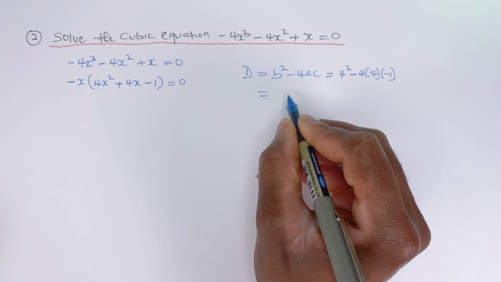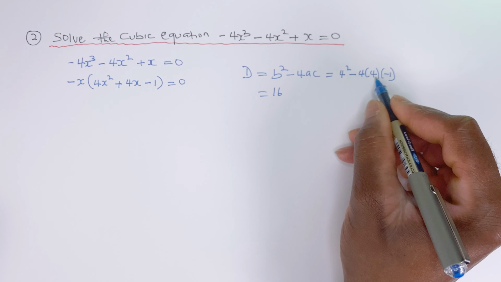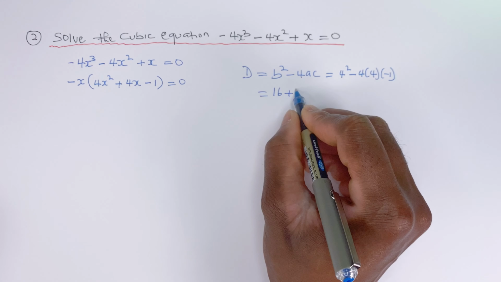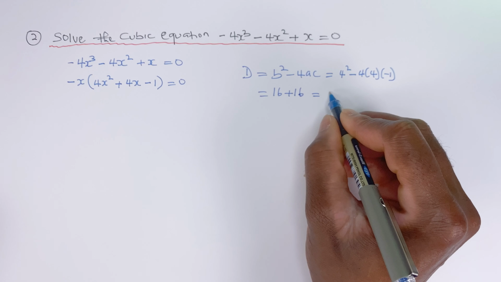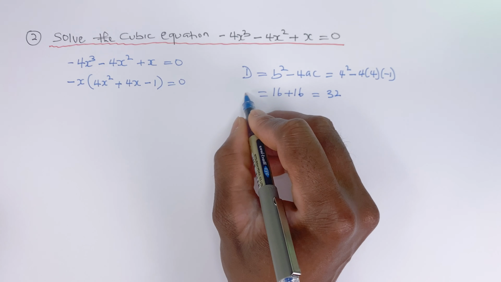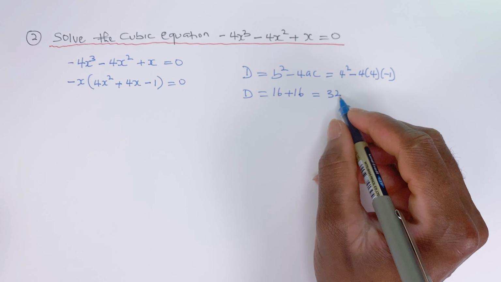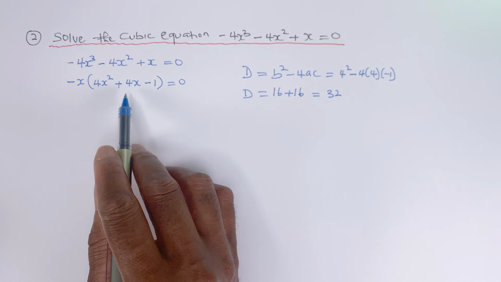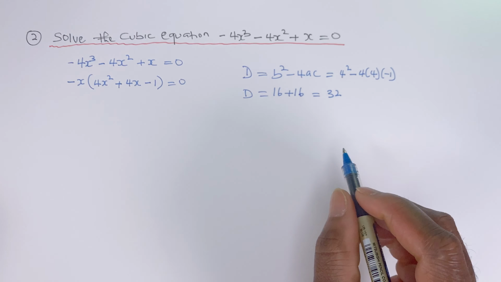Now, what do I get? I get 16 minus 4 times 4 is minus 16 times minus 1 is plus 16. And that implies that d equals 32. 32 is not a perfect square, therefore you cannot factorize that quadratic equation. If it's a perfect square, I will be able to factorize it.